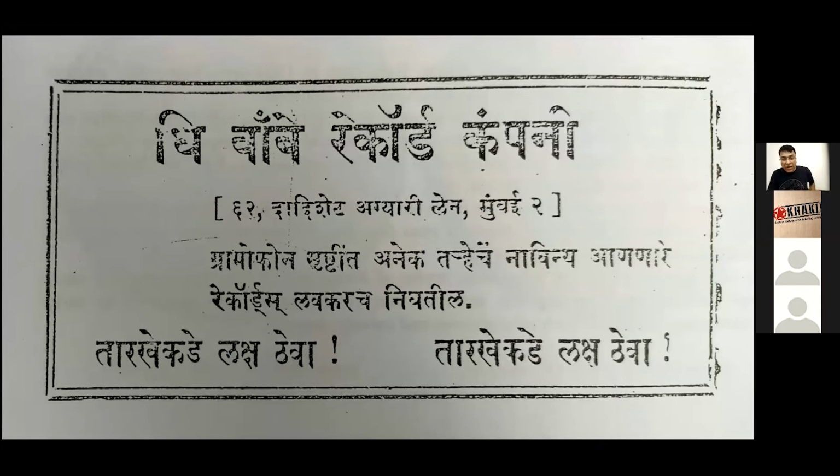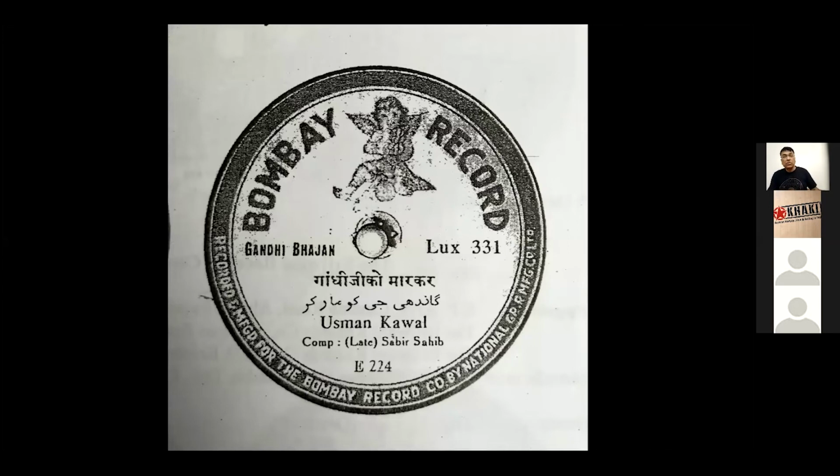With the coming of National Gramophone Company, we get so many other players in the market, like the Bombay Record Company comes in. So these are labels which just piggyback on an Indian manufacturer. They were at loggerheads with GCI. So you can see at the bottom, recorded and manufactured for the Bombay Record Company by National Gramophone Company.